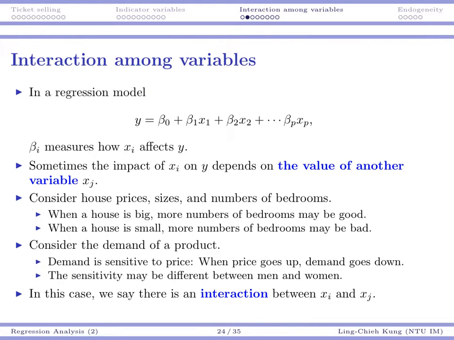Or it may be different between students and professors. It may be different between workers and employers. So that's possible. In this case, we say there is an interaction between the two independent variables, okay? Because the impact of one variable depends on the value of the other variable.